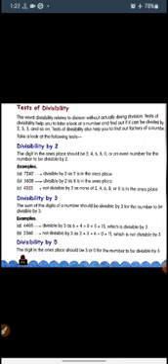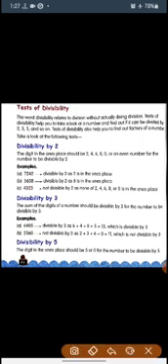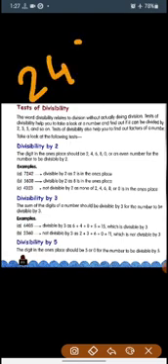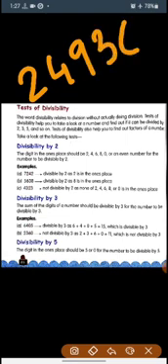So here the first test of divisibility is for 2. Now, to check whether any number is divisible by 2, the number at the ones place of the given number should always be an even number. It means if the digit is 2, 4, 6, 8 or 0.